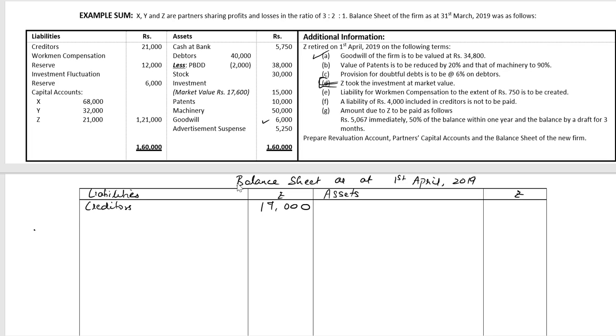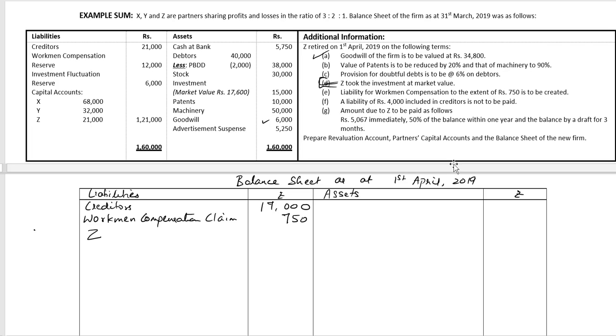Workman compensation reserve has been replaced with the workman compensation claim, and the amount of claim as per point E, liability for workman compensation to the extent of 750 rupees is to be created. So the amount of claim is 750 rupees.